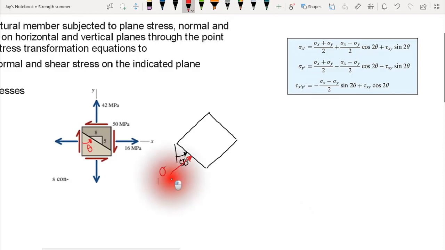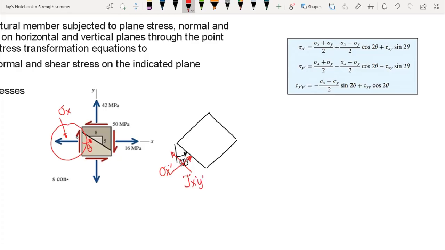And this normal stress here is the transformation of the stress. We know that this is sigma x, so our transformation here is sigma x prime. That is the transformation of this normal stress. And there would also be a transformation of the shear stress. Let's assume that it is in this orientation. Let's say that is shear stress x prime y prime. So these are the transforms of this normal and shear stress.